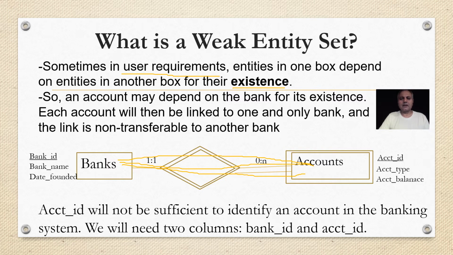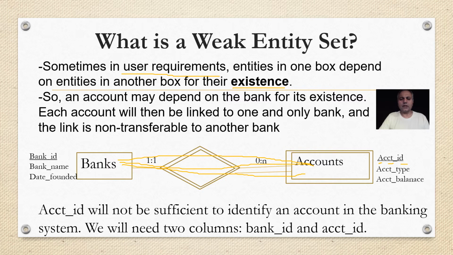And because each account stays with one bank, the account ID is not enough to identify the existence or the identification of that account. We also need the bank ID. So it's possible that within two different banks, you'll have two accounts, each of which has an account ID A1.